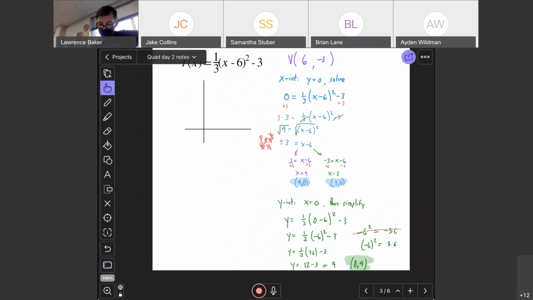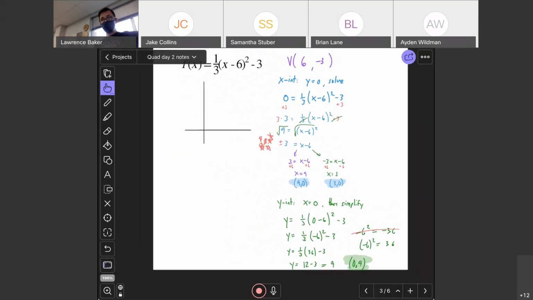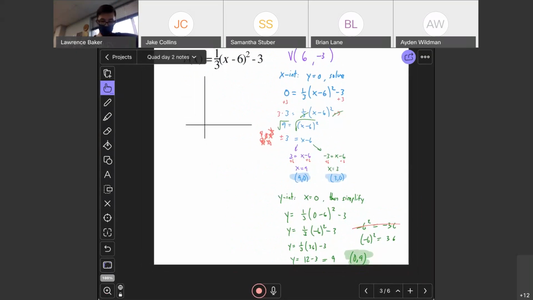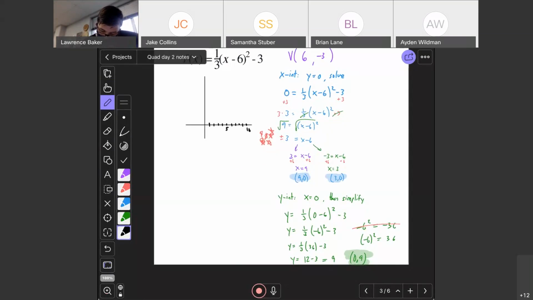We've got our vertex, which is the most important point. We found some other features of the graph, the other intercepts. On these, because some of the numbers are bigger, make a sketch there.